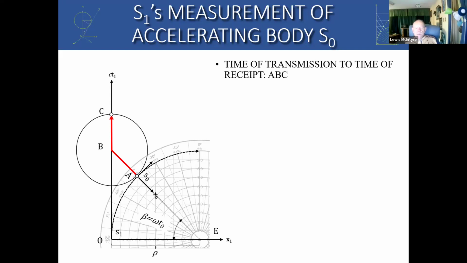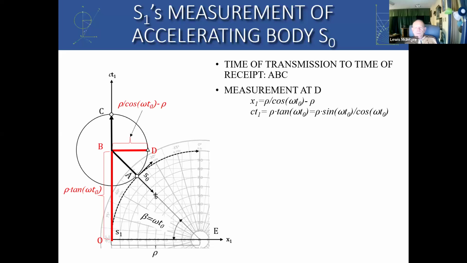Light is emitted from event A at right angles to the S0 timeline to intercept the observer's timeline at B, then an equal distance along the S1 timeline to the observation at C. From this observation, S1 develops the measurement D, shown trigonometrically in terms of omega T0.